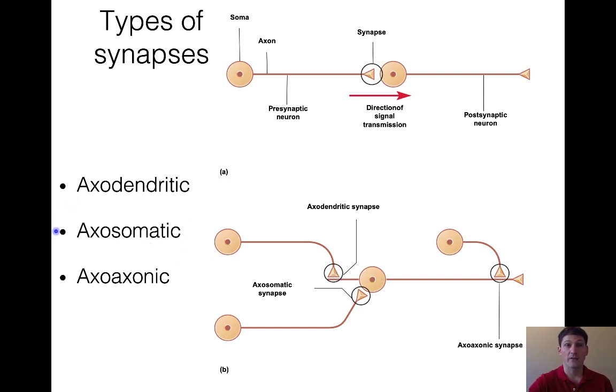We can have an axosomatic, where the axon of the presynaptic neuron is synapsing or connecting with the soma, or the cell body, of our postsynaptic neuron. Or we can have axoaxonic, where we see a neuron that is connecting at the axon of another neuron.